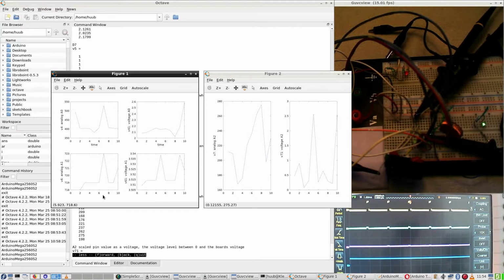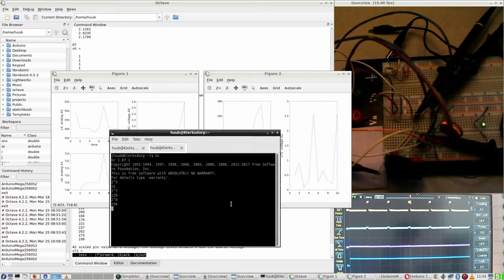Yeah, alright. Looking at this, 256 would be below. So let me add them again. 512 would be here somewhere.